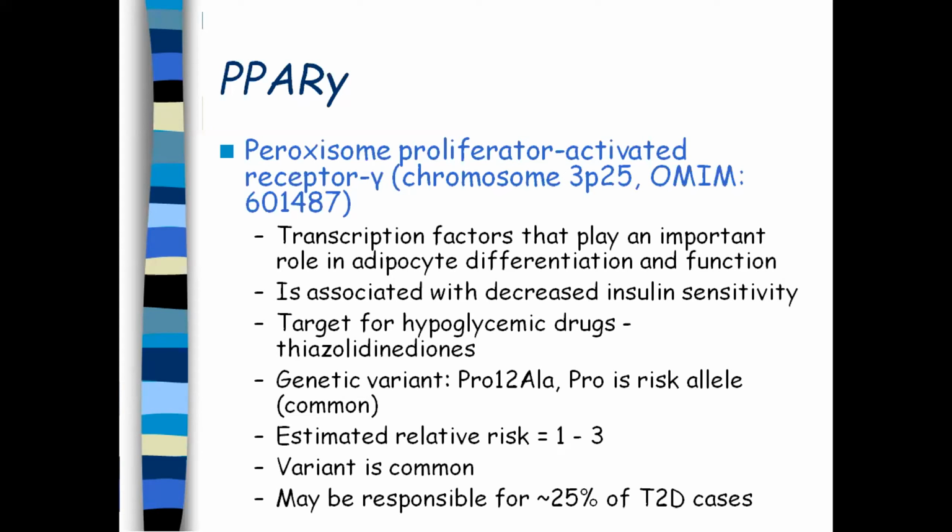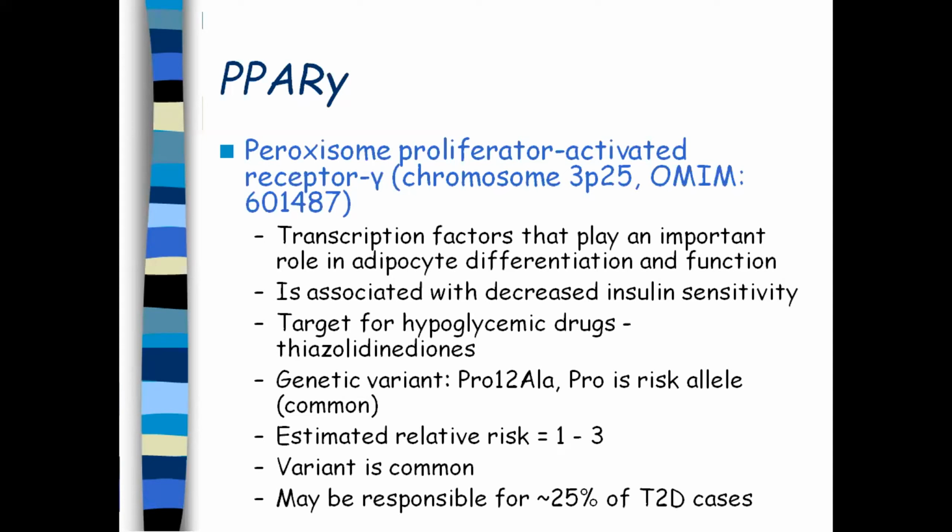Normally PPAR gamma modulators reduce insulin resistance, but due to alteration in PPAR gamma, it may result in insulin resistance. It is also the target for hypoglycemic drugs such as thiazolidinediones, mainly rosiglitazone as well as pioglitazone.